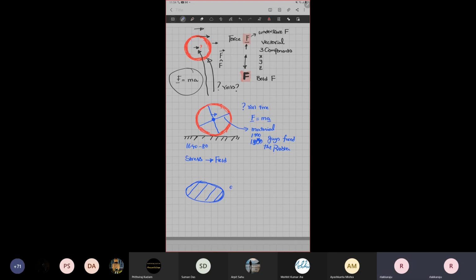I want to define what the area is. How will I calculate that? Any idea? Hello? Guys, say something. Pi r square. Yeah, pi. If it is a circle, pi r square, you will calculate.